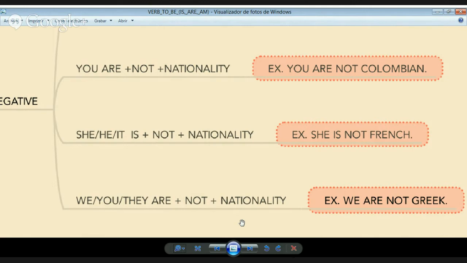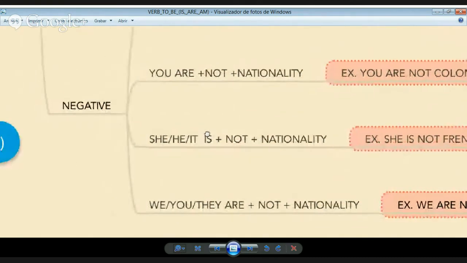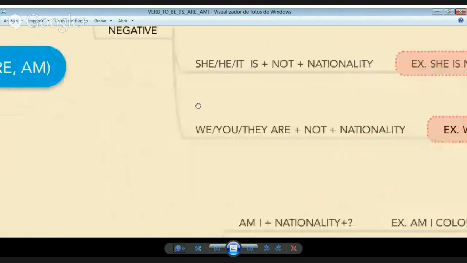Example, we are not Greek. We are not English. They are not Salvadorian, right? So you have the structure. So these are the different structures for using the negative sentences.